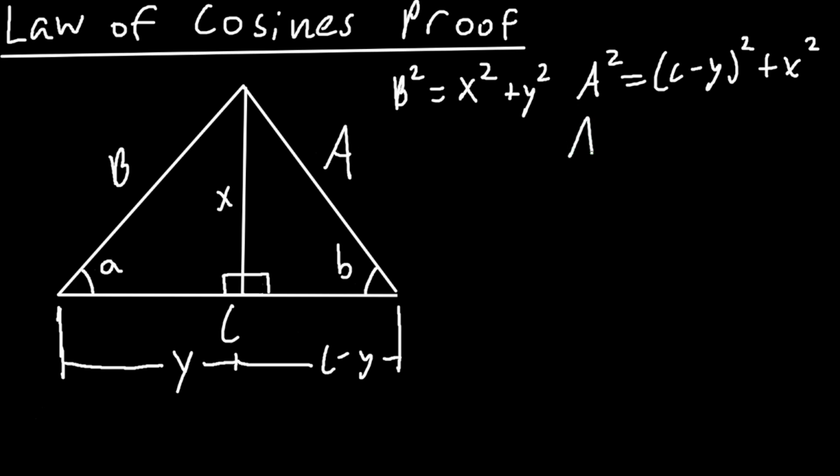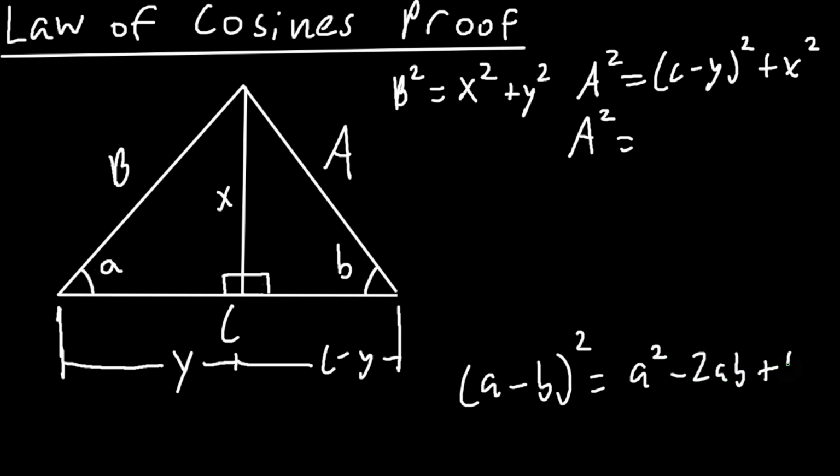I'm going to rewrite this a squared is equal to, you can use the identity that essentially states that, I'm just going to write it down here real quickly, a minus b, and then all of this squared, is going to be equal to a squared minus 2ab plus b squared.